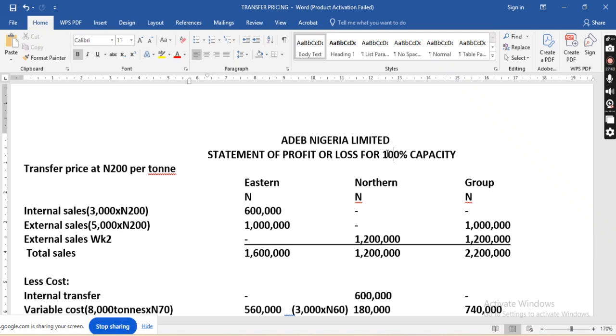The internal sales or the external sales. So now, how do we approach this?